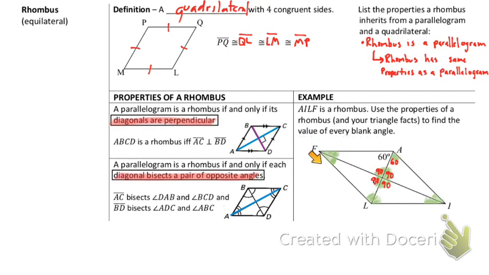Remember, rhombuses are parallelograms. We know that opposite angles, so this entire angle, which is 120, has to be equal to this angle, which should make it 120. But because of the diagonal, it splits it into two equal parts. So these two angles need to match these two angles based on our properties. So that means this has to be 60 and this has to be 60 as well.